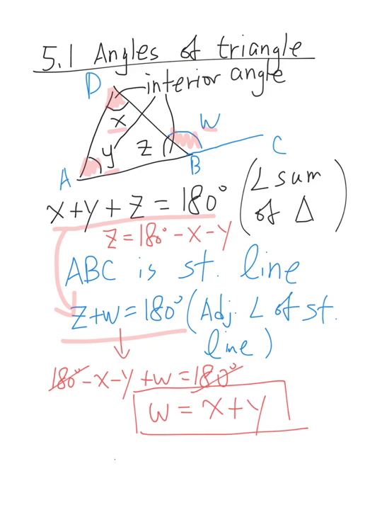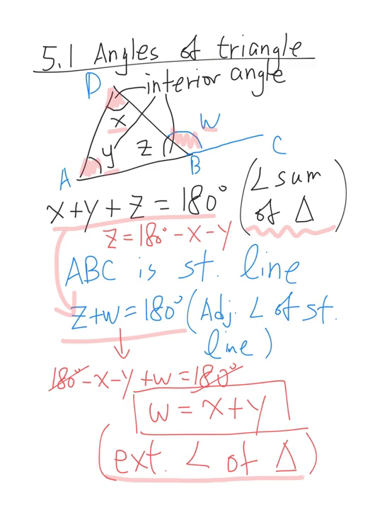It is the so-called exterior angle of triangle. So now apart from the fact that we know the angle sum of triangle, we also know the exterior angle of triangle. So this is what we are trying to learn in 5.1.